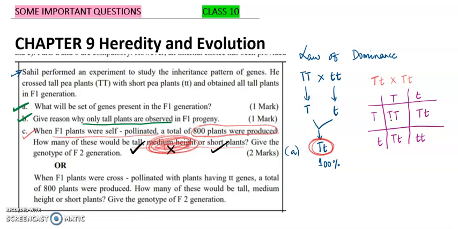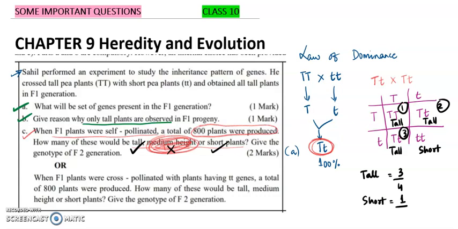If you see, the phenotype of this will be tall, this will be tall, this will also be tall, and this will be short. So overall, tall plants are 3 out of 4 total plants, and short are just 1 out of 4. Now they are asking out of 800. This is very simple. We have already written the proportion for tall and the proportion for short.